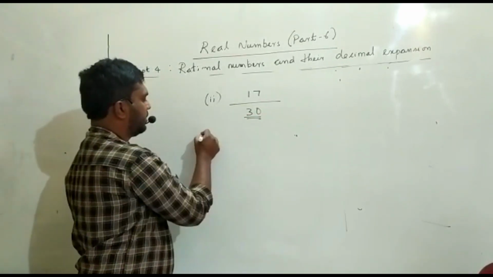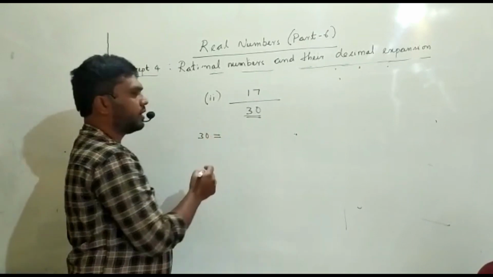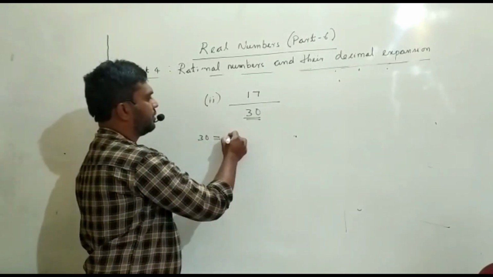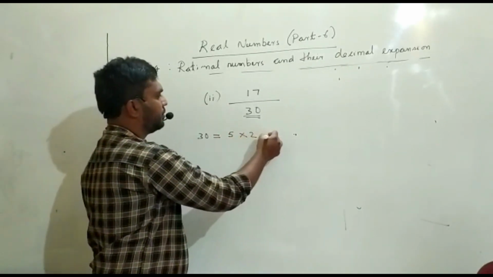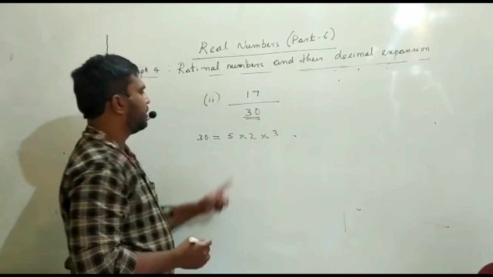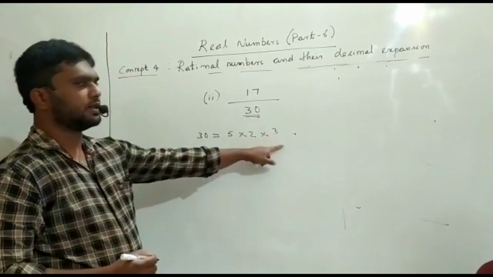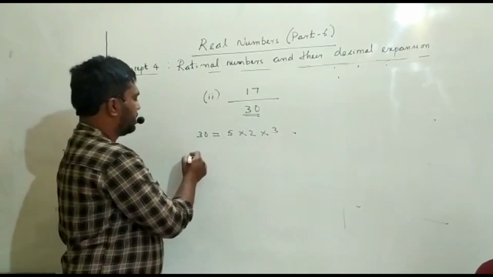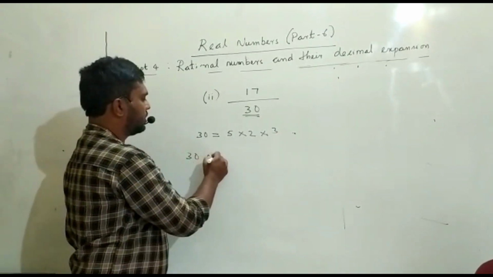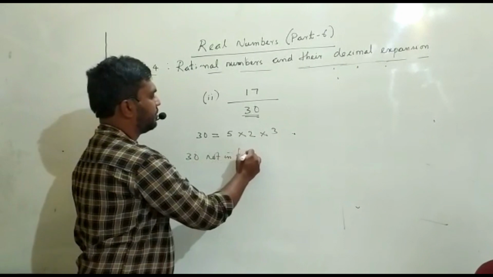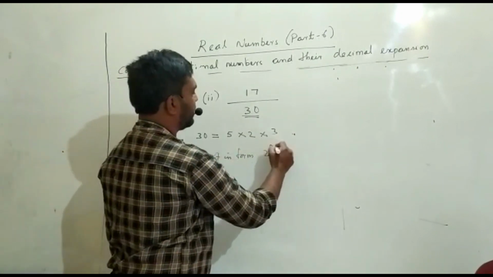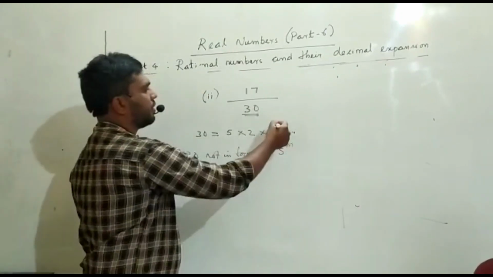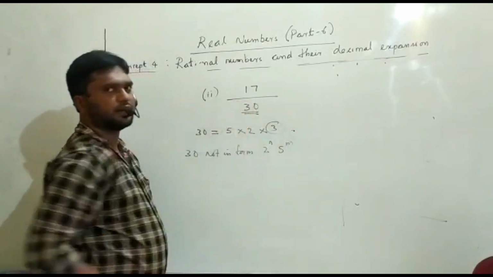Take 30. 30 can be written as 5 into 2 into 3. 5 twos are 10, 10 threes are 30. 30 is not in the form 2 to the power of n, 5 to the power of m. One extra 3 is there here.